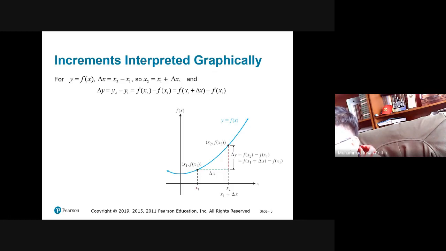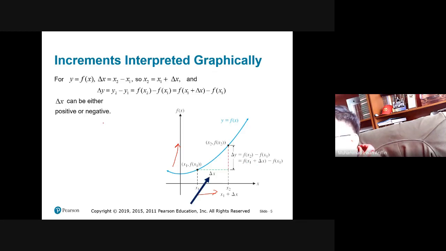When x changes from x1 to x2, x has increased from x1 to x2 by delta x. So this is the change in x. Correspondingly, y, or f of x, will also change from f of x1 to f of x2. In our example, it has gone up. So this is delta y, where delta y equals f of x2 minus f of x1.